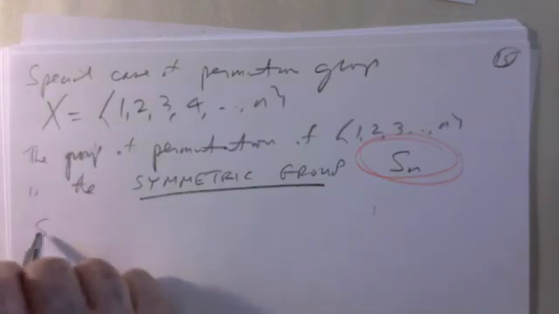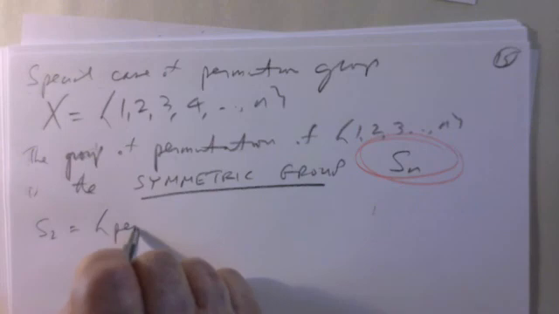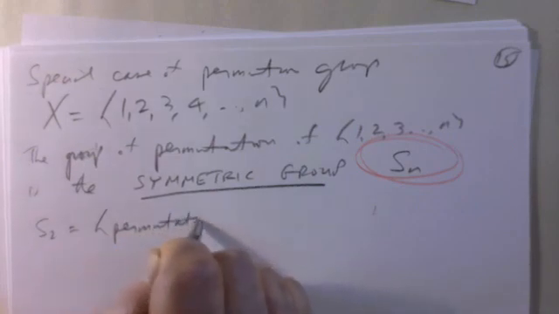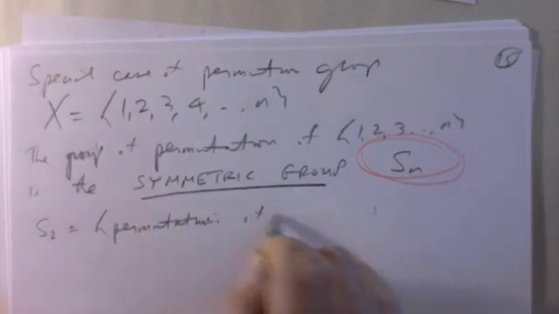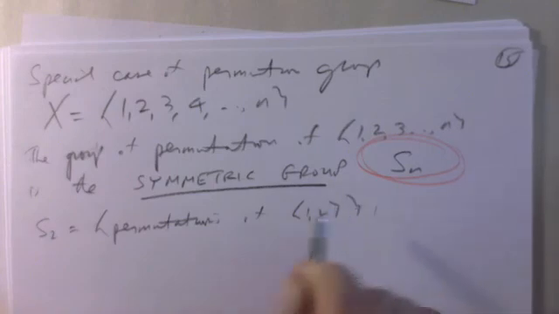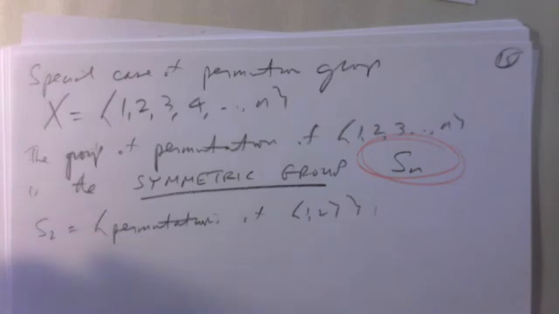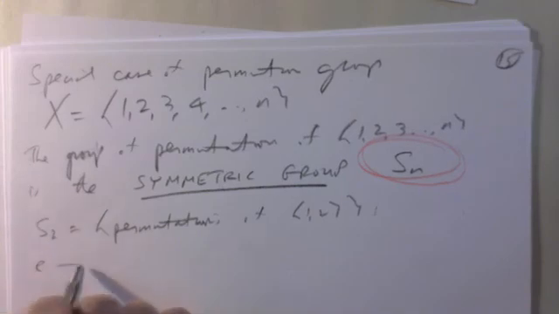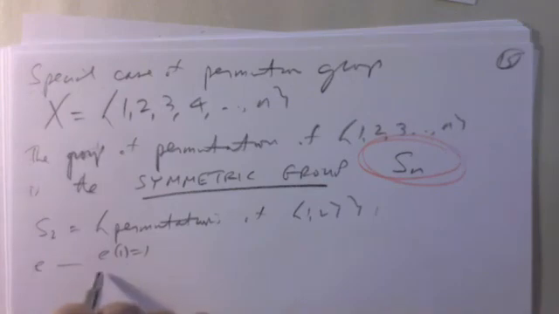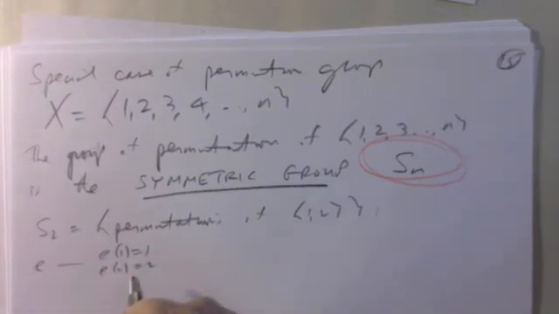So for example, S2 is the set of permutations of the set 1, 2. Now, there are only two of them. So we have the identity function, E of 1 is equal to 1, E of 2 is equal to 2.